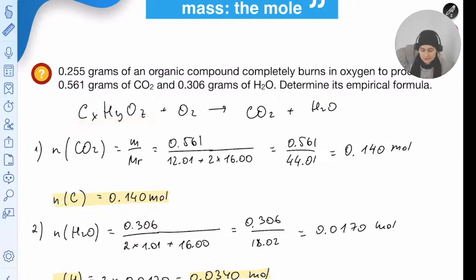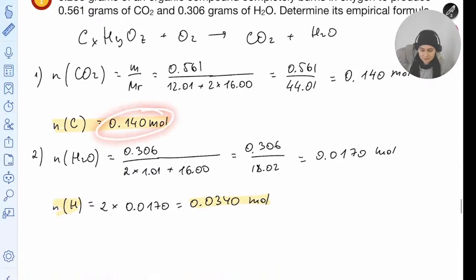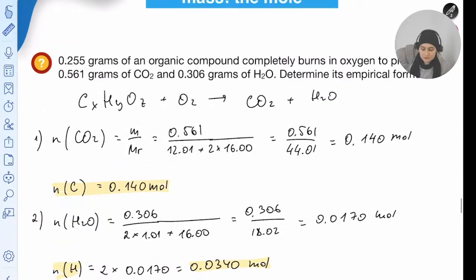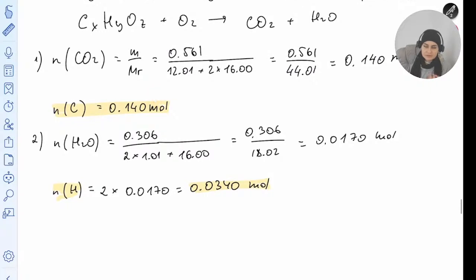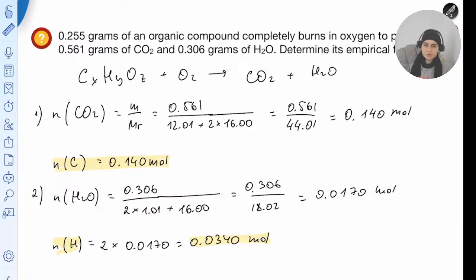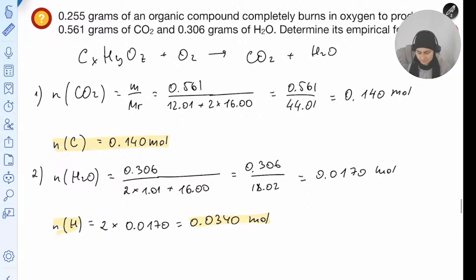So I will find the mass of carbon atoms and the mass of hydrogen atoms, and then subtract from 0.255 the mass of the carbon and hydrogen atoms. If something is left, that something must be oxygen. If nothing is left, then there is no oxygen. Well, let's see.